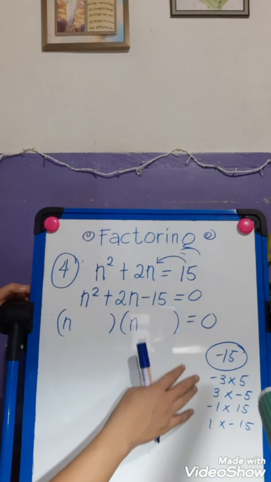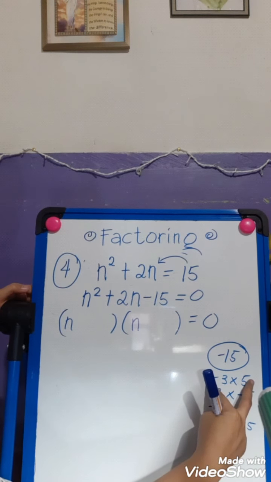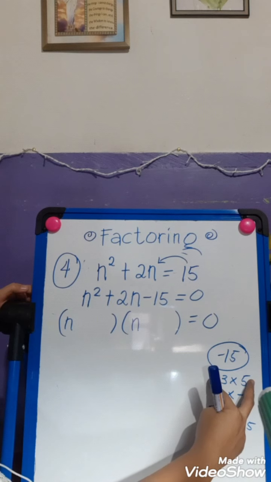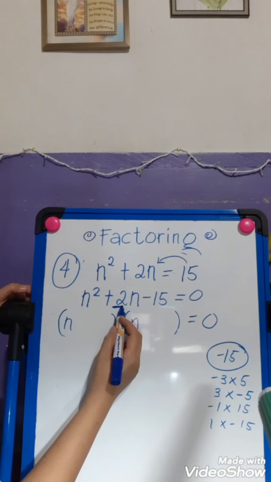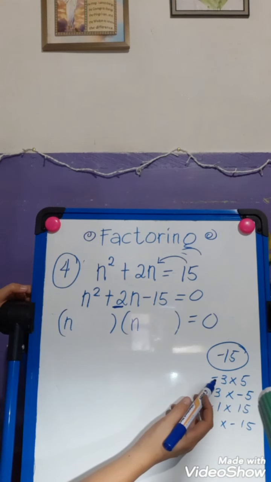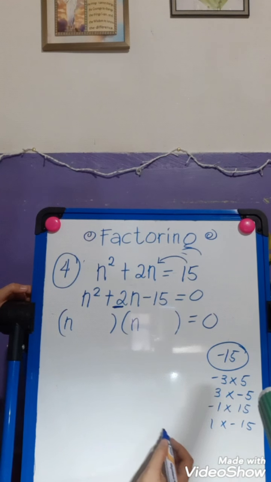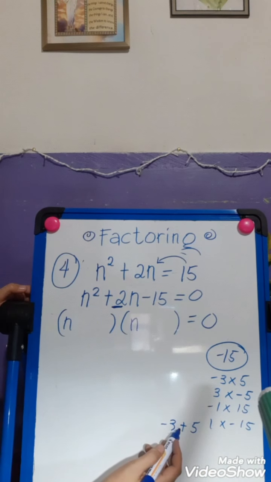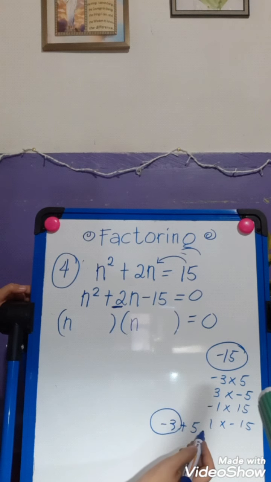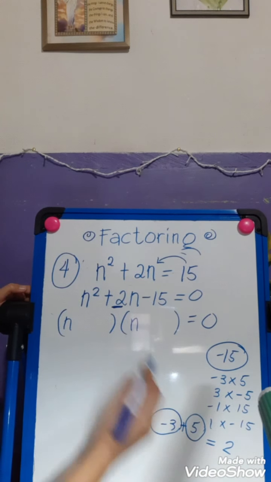And then, after you ma-write ang factors, look for the two factors nga kung imuhang i-add, mo equal siya sa middle term, which is 2. So, this is negative 3 plus 5. So, pila man ang negative 3 plus 5, imuhang utang is 3, imong kwarta is 5. Pilay imuhang sukli? 2. So, we are looking for 2.